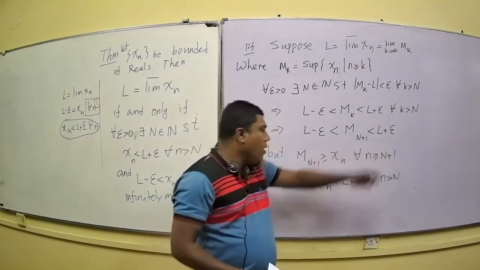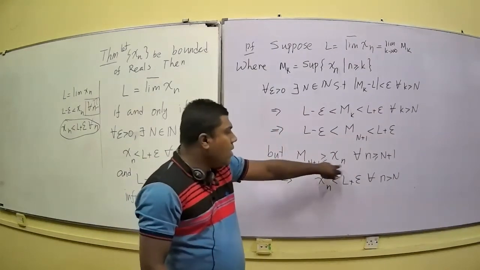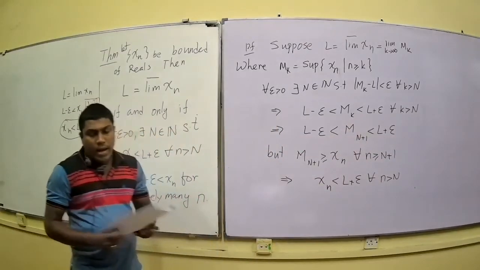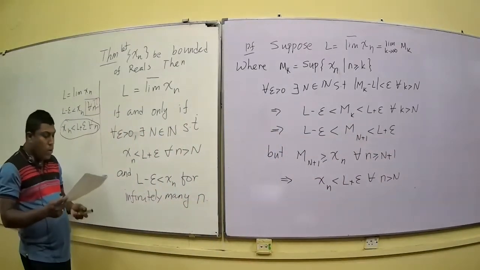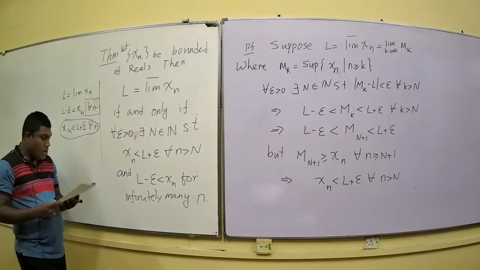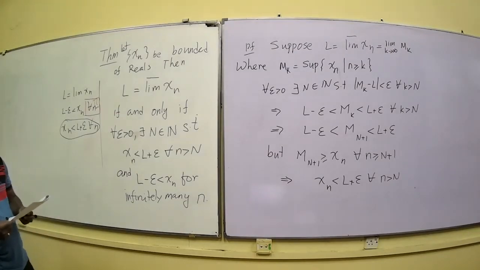So xn is less than L plus epsilon for all n bigger than N. Right? So that's what you have here.